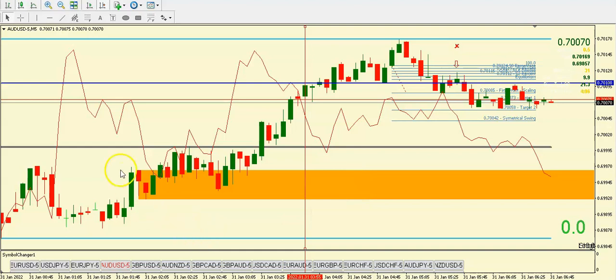And I believe I put the fib pull on this side. I believe I put it over there.